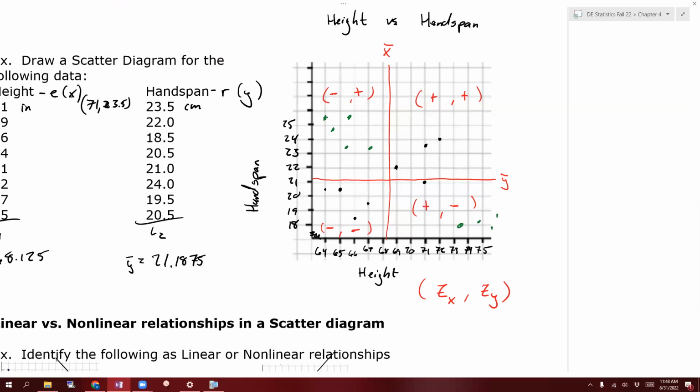So that's how our R value turns out positive or negative based on what my graph is looking at. It's based on those Z scores and how they relate to each other, how the X Z score and the Y Z score relate. Are they both below, or both above, or is one above and one below?